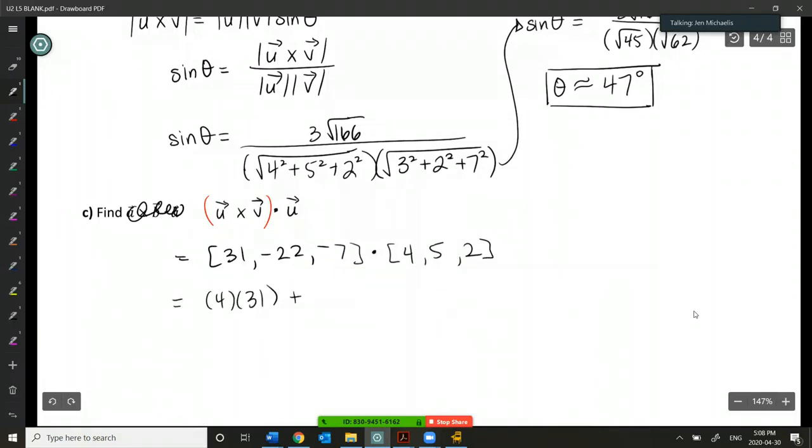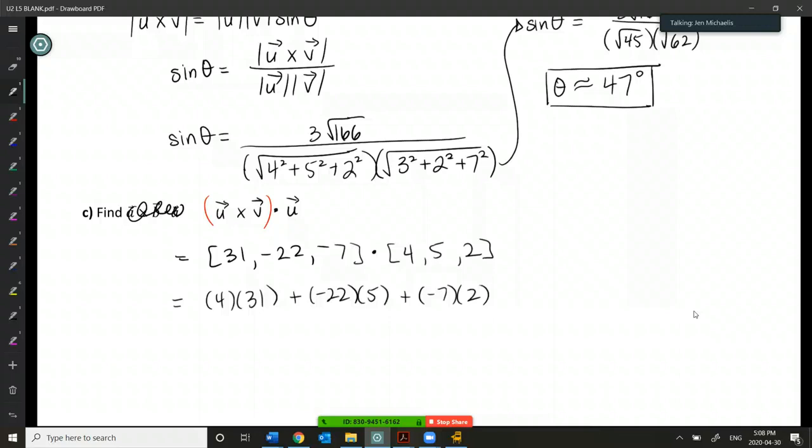So if we remember with the dot product, we just want to multiply like components of these vectors and add their products. So I'm multiplying the x components and the y components and the z components and then adding them together. Okay, so what do we get here? Let's enter this into our calculator. So you should notice here that you actually end up with a dot product of 0.